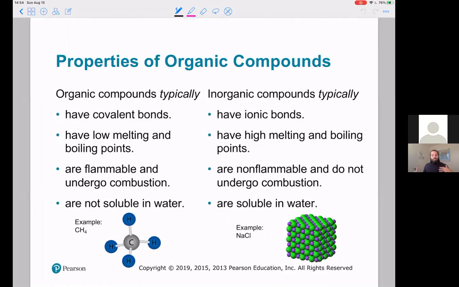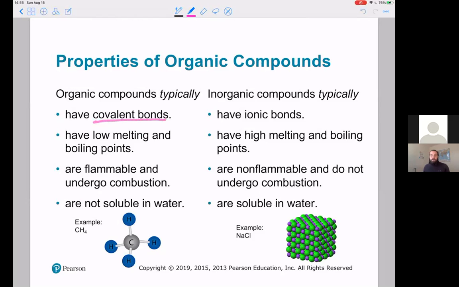And then there's some other broad differences that we can talk about when we're talking about organic compounds versus inorganic compounds. So organic compounds always have covalent bonds. There are some inorganic compounds that have covalent bonds, but all organic compounds have covalent bonds.